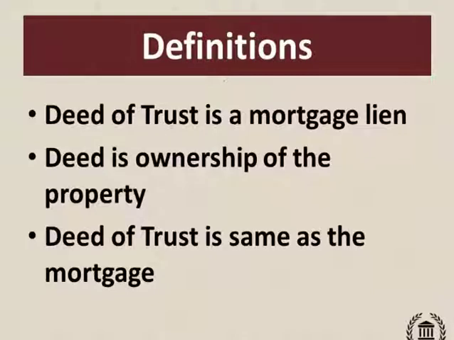Don't confuse the two. People often do that. Okay, everyone understand the difference between deed of trust and deed? A deed is the title, ownership of the property. A deed of trust is the equivalent of a mortgage.